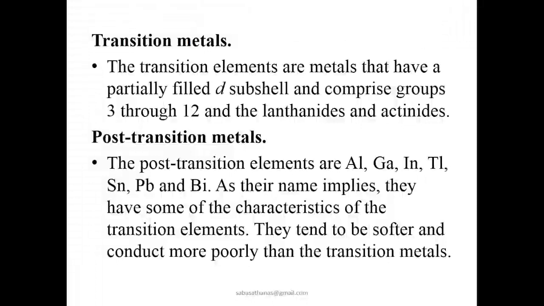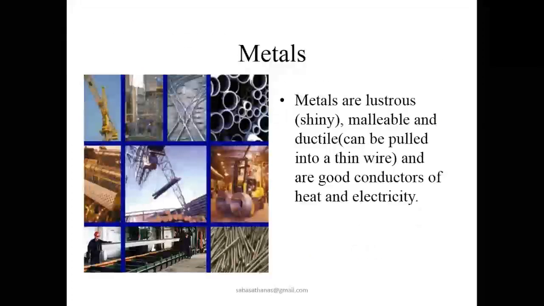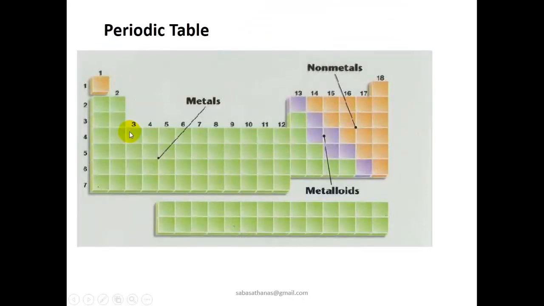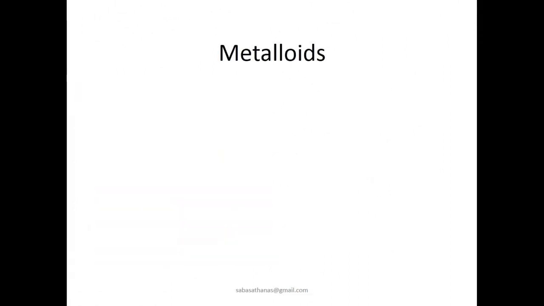Kwa hiyo maana sasa kuanzia group tukija hapa tutakuja kuona kwamba these are so called transition elements. Kuanzia hapa mpaka hapa transitional elements, na ndani yake ndio kuna Lanthanides and Actinides ambazo zimebi grouped, ndani kuna element kama hizi hapa. Kwa this so called transition elements.